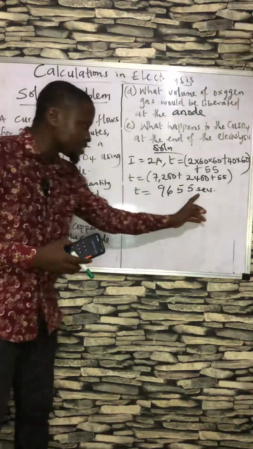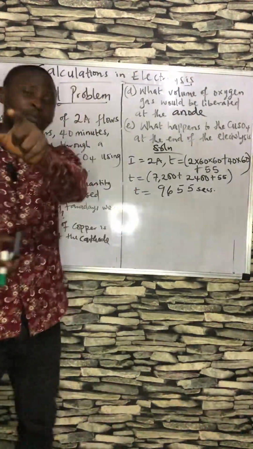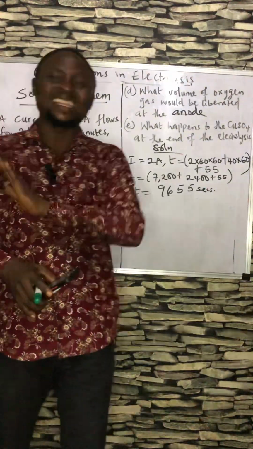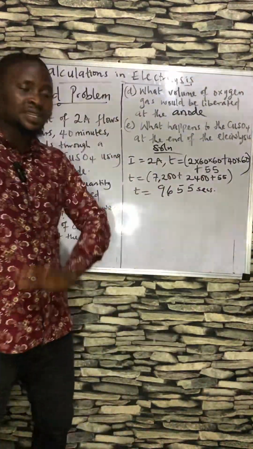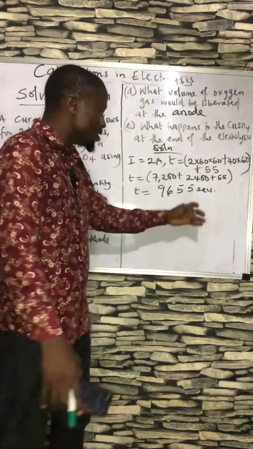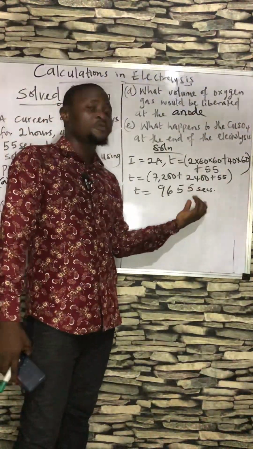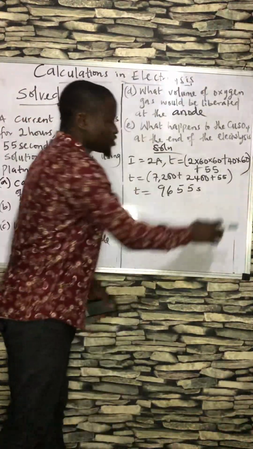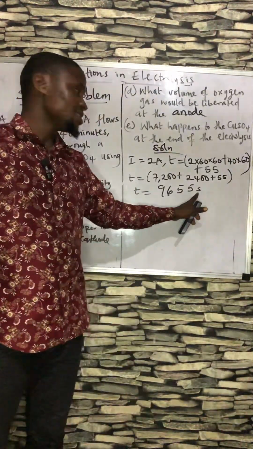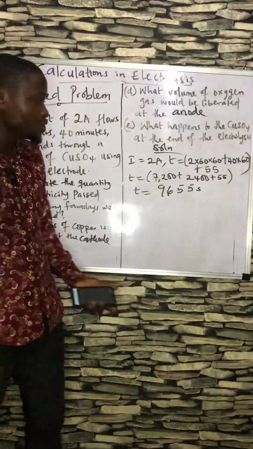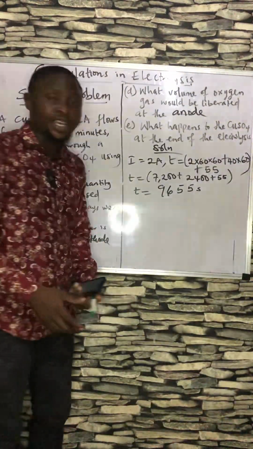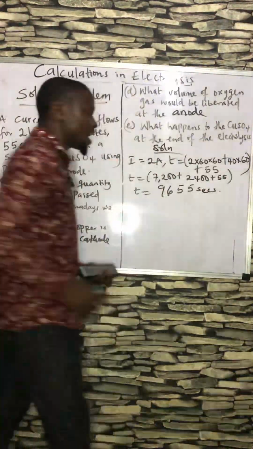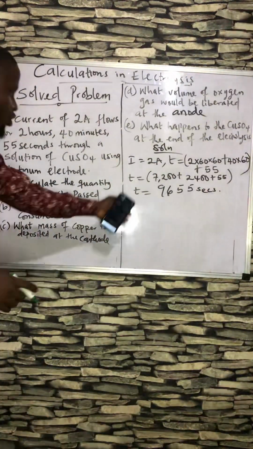I purposely wrote it in this way so that in the exam hall you are going to try to be as less ambiguous as anything. You have to be specific. If I stop here, some examiners may consider this as 5 and not the units. Of course, the unit should be in seconds, but to be much more precise, you can have this. So this is our time.